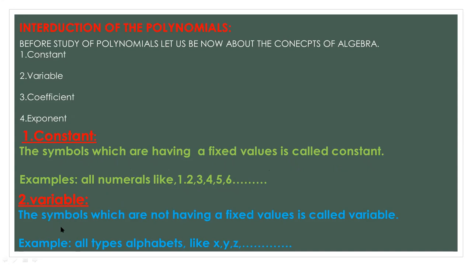The symbols which are not having fixed values are called variables. It means the symbols which are varying their values are called a variable. Already this one also you know, students. For example, all types of your alphabets like x, y, z, and so on.